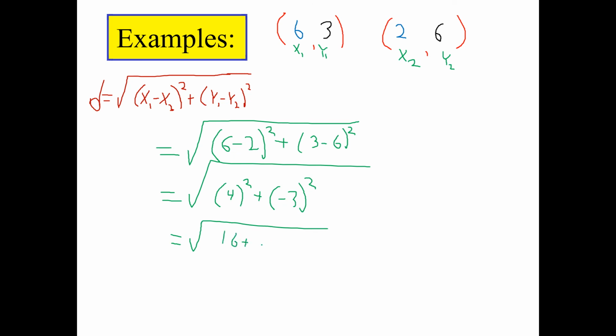And negative 3 squared is 9. All right, we're getting there. Add these two together. 16 plus 9 is 25. And the square root of 25 just so happens to be 5. So we can say that the distance between (6, 3) and (2, 6) is 5 units.